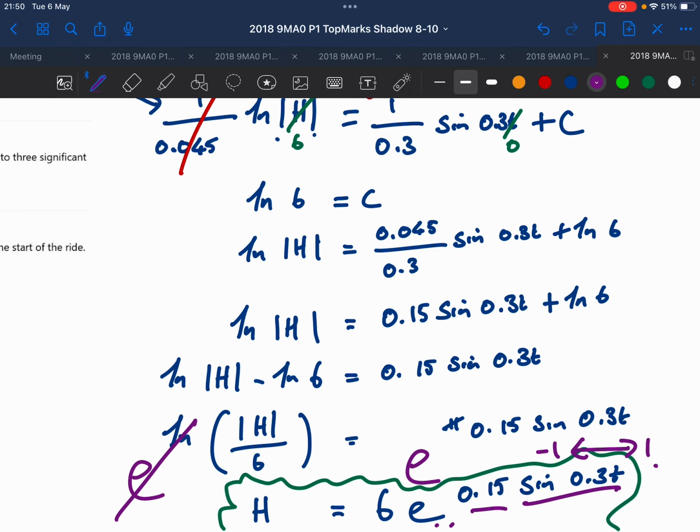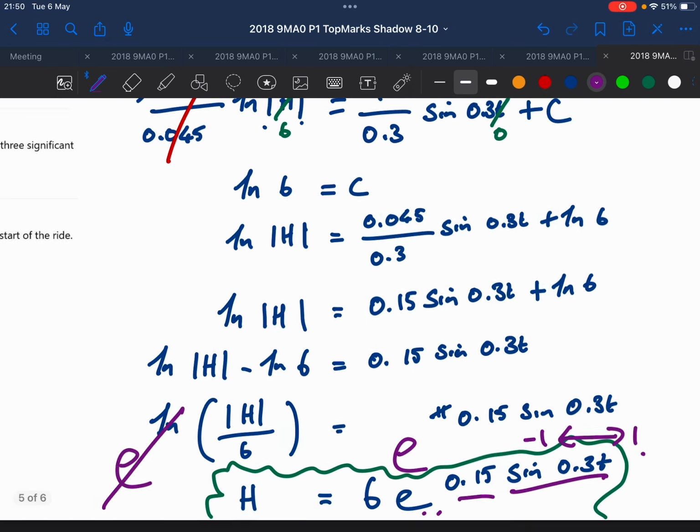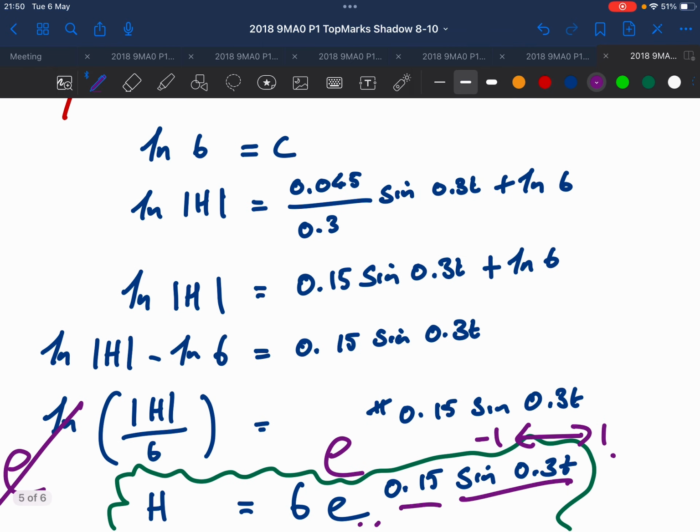So what you might want to do here is throw a value in your calculator. You might want to just test that if you do 6e^0.15, that it is greater than 6. So let's just do that because that's what I would do in an exam if I was a bit stressed out and I wasn't too sure. So if I do 6e to the 0.15, which is when this part is 1, I get an answer of 6.97.